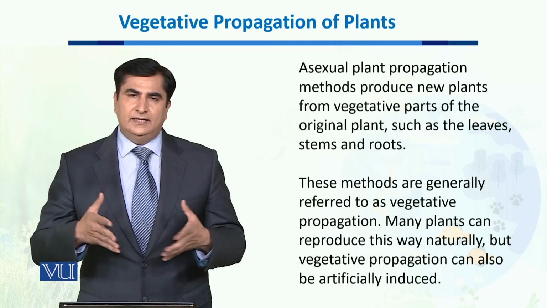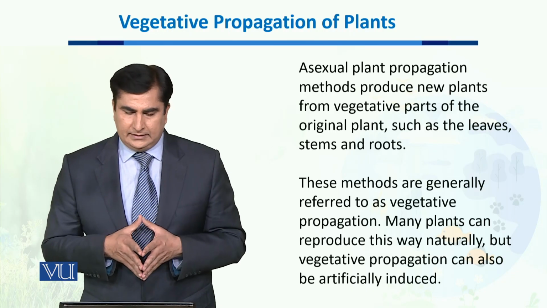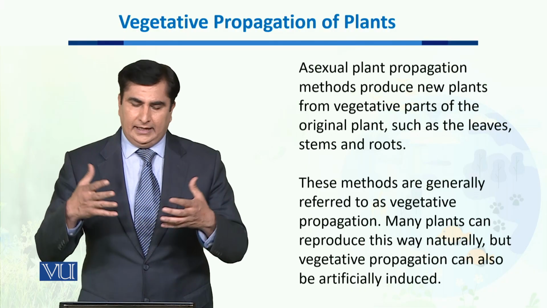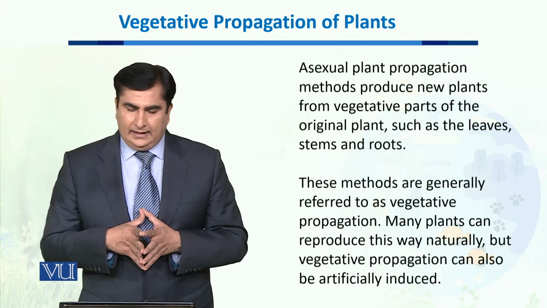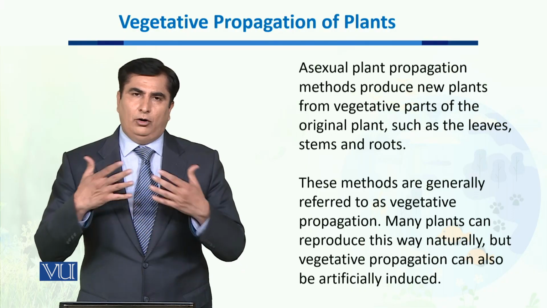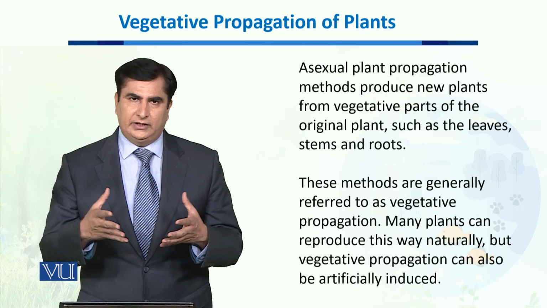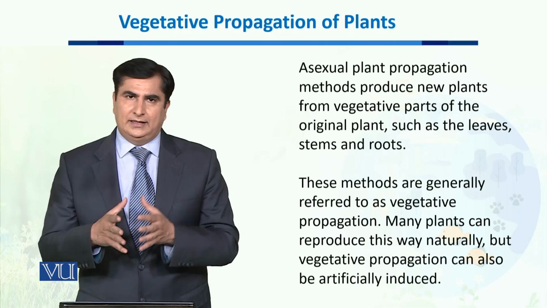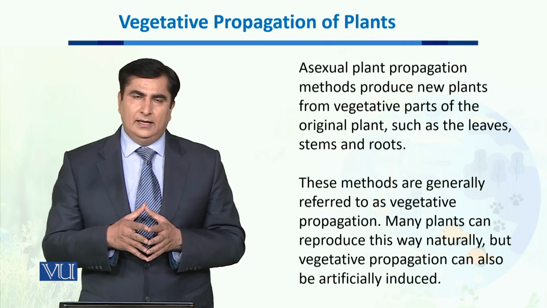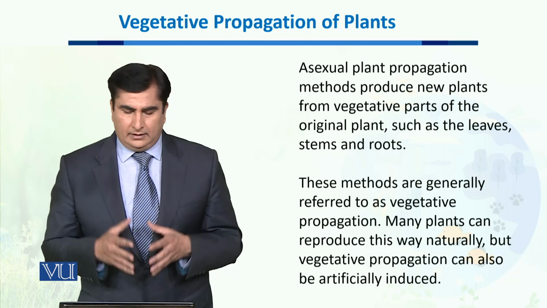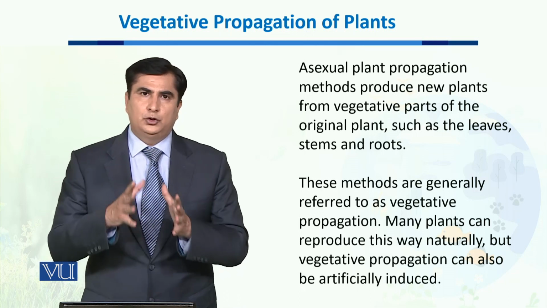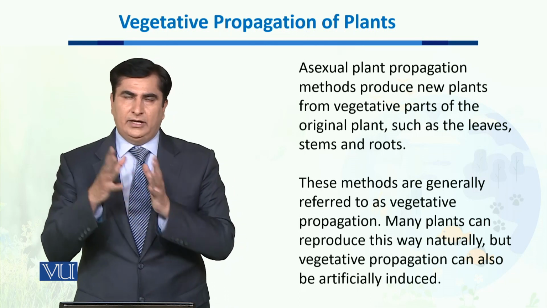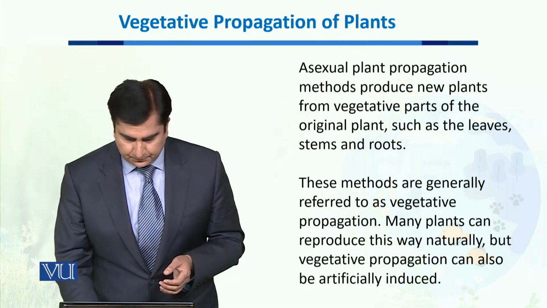And this method is very advantageous in such a way that it can also be induced artificially. There are certain plants which can be propagated naturally through this method, but now there are certain artificial methods through which any plant can be grown this way.